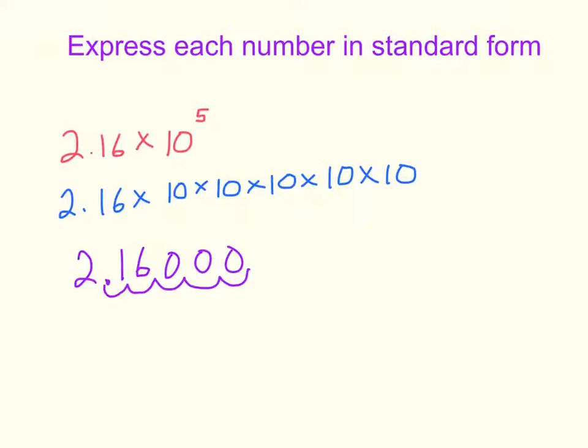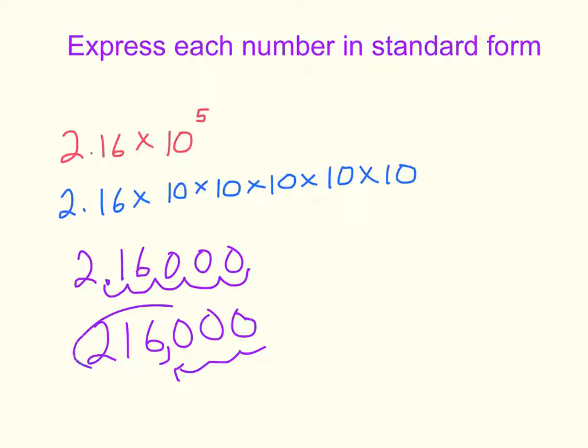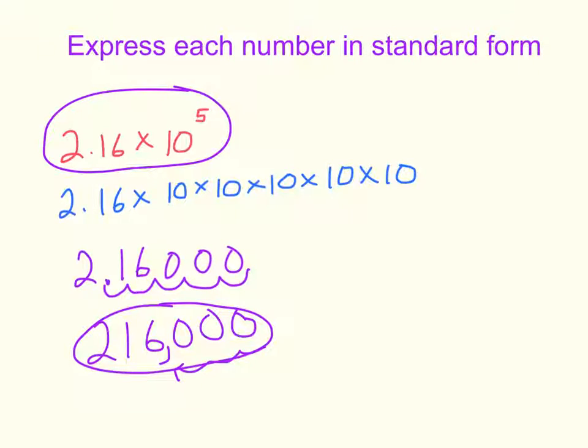So I fill in my zeros there. So my number here becomes 216000, and I place the comma after every third digit, so 1, 2, 3, a comma belongs right there. So I have 216,000 is how I'd write this in standard form.